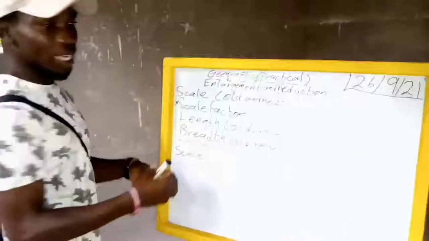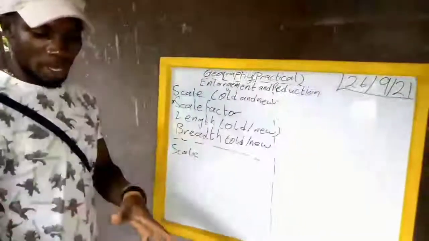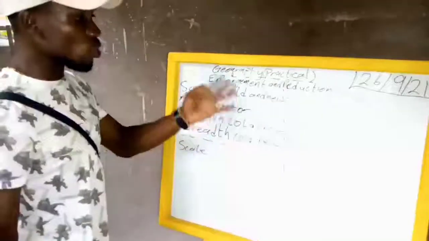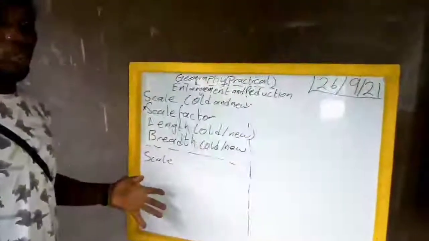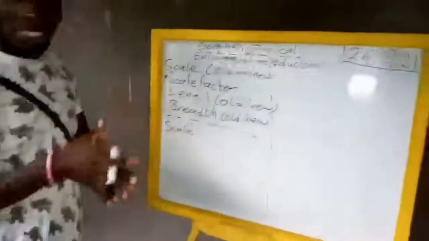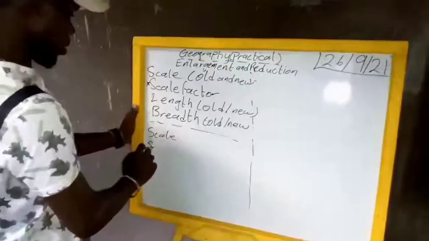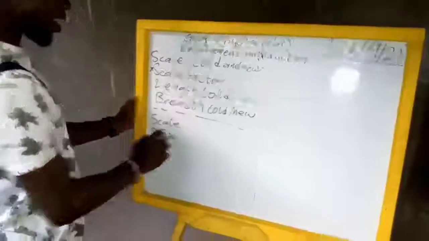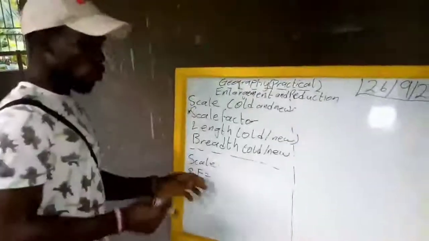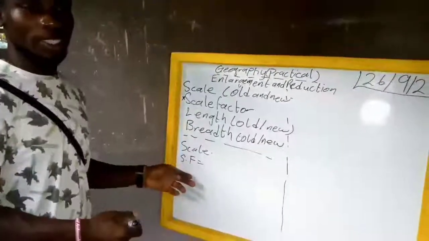The old scale, or original scale, either way is correct, is the scale the original map was drawn in. And then the scale factor is what you are going to enlarge or reduce the map by.